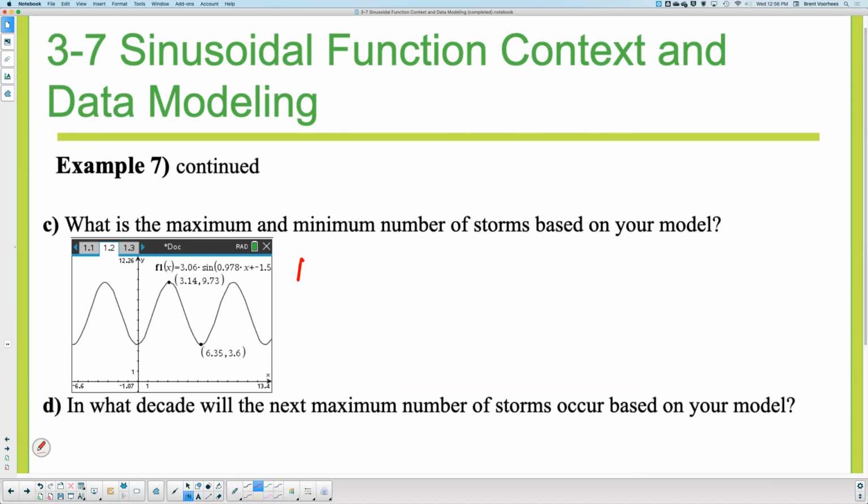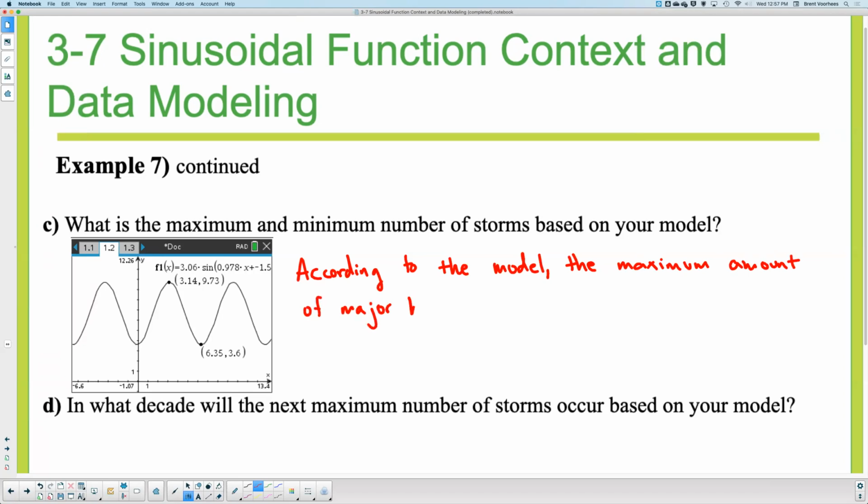I'm going to say, according to the model, the maximum amount of major hurricanes per decade is about 10. Again, because you can't have 9.73 hurricanes.